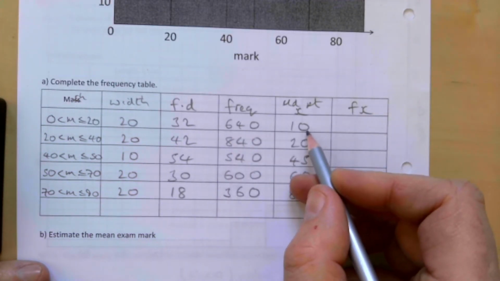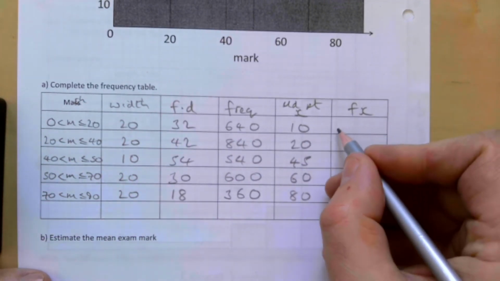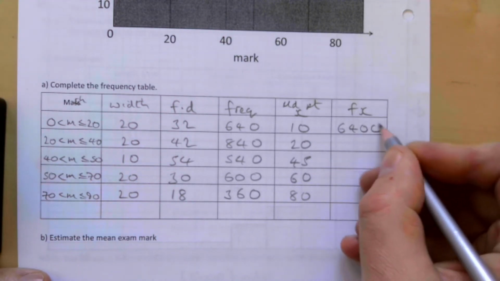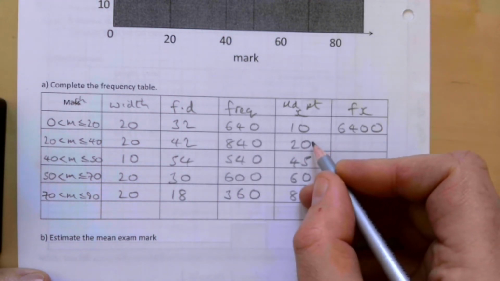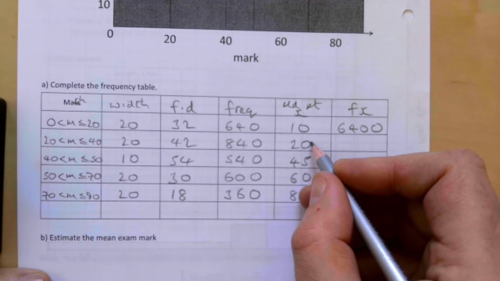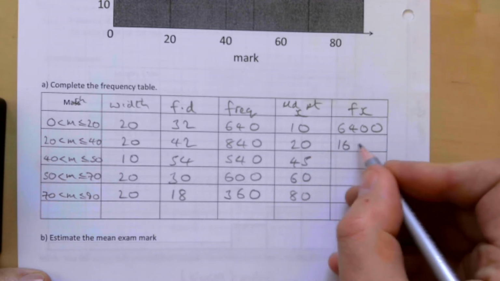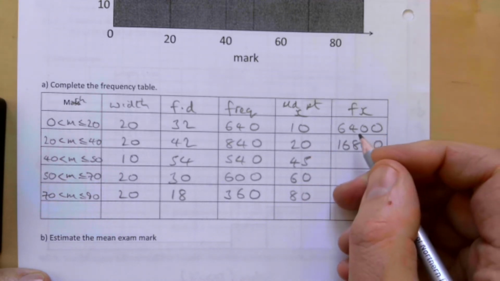And then this is going to be our fx column, so we need to times this then by 10, which is 6,400. What would that give me? 16800. Numbers are big here.